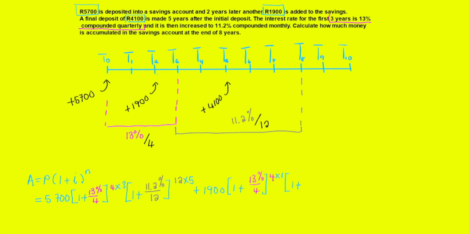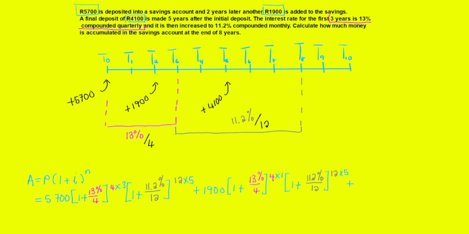So again, when it changes, we only multiply the first interest rate with the second one. So we'll multiply that bracket with this bracket, which is compounded monthly, divide by 12, and raise it to the 12. For how many years? Well, for the remaining 5 years. As you can see, for the remaining 5 years, 11.2% was the one which was in charge.